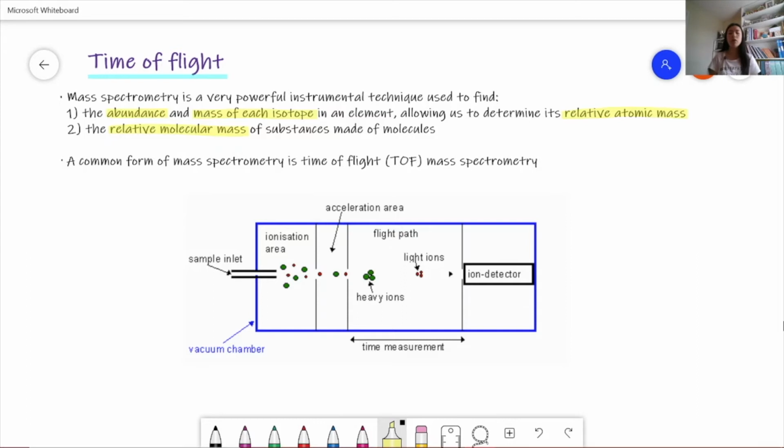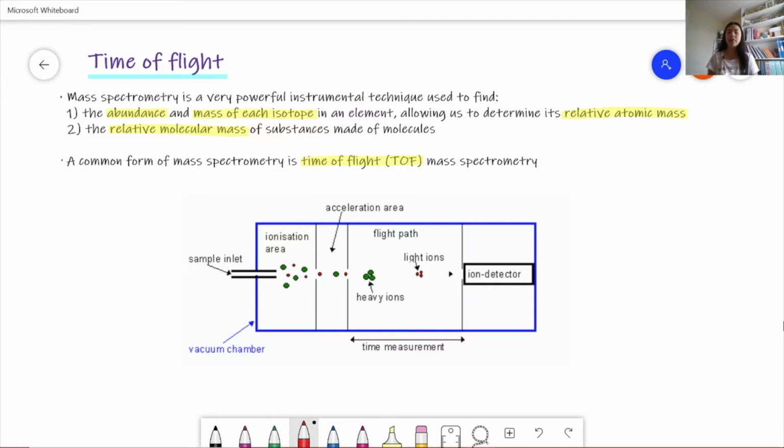So a common form of mass spectrometry is this time of flight mass spectrometry, and we normally shorten this to TOF. And I'm going to quickly talk through all of the stages we have in the process. So at the bottom, we have a diagram of a time of flight mass spectrometer. And firstly, we have the ionization area. So this is basically where we turn the sample into ions.